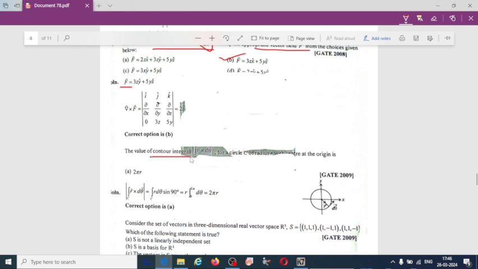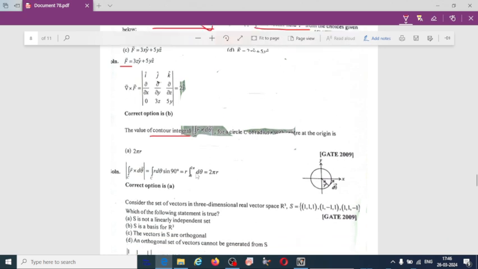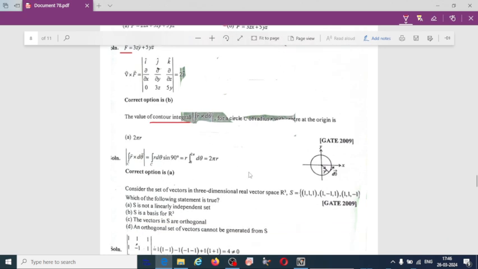The value of the contour, sometimes from given options you can find out the answer. The value of the contour integral r cross d theta for a circle C of radius r with the center at the origin is. So you should take the curl of r, integral of that, that is r cross d theta, cross product.